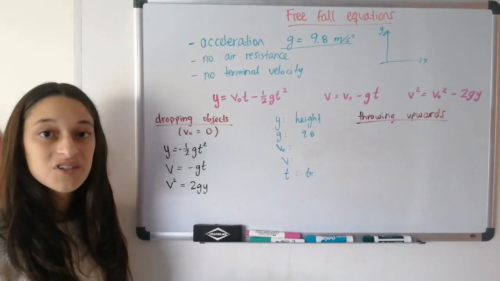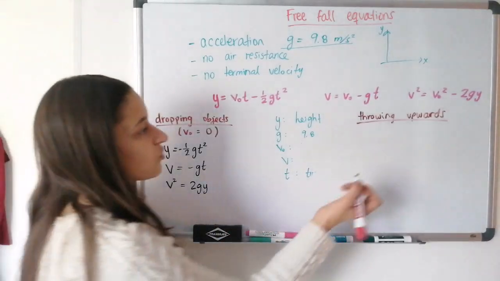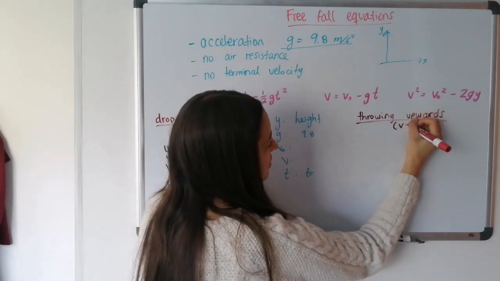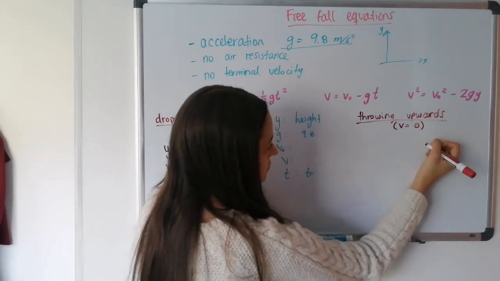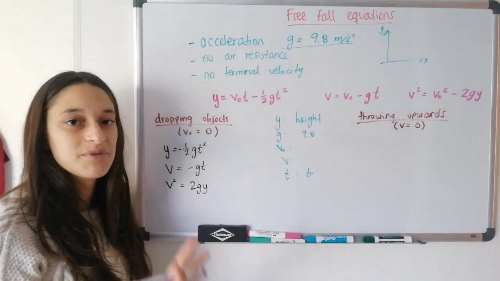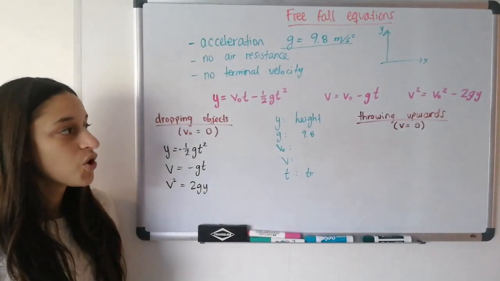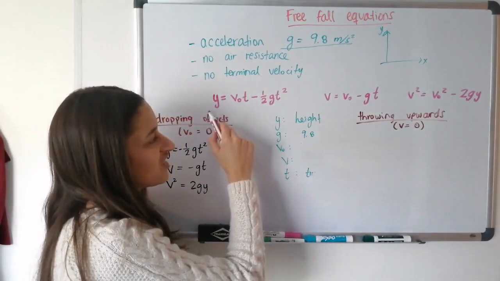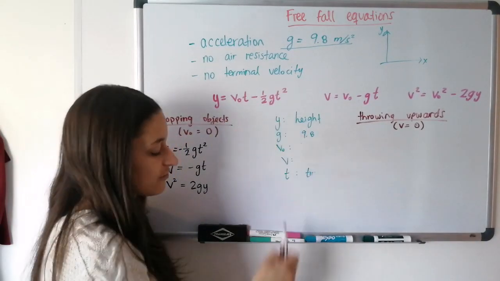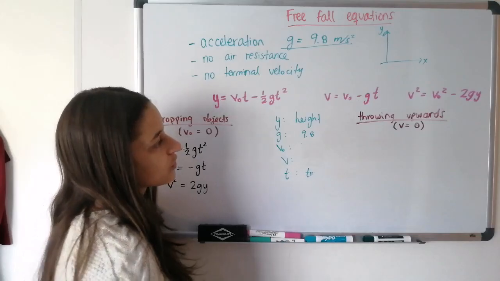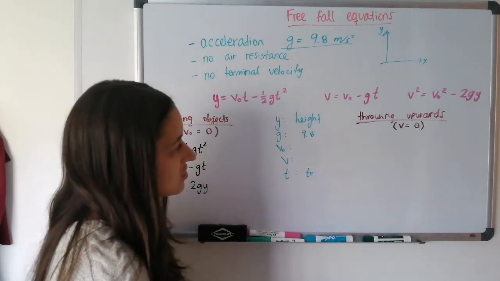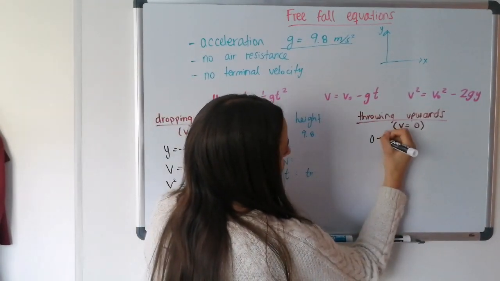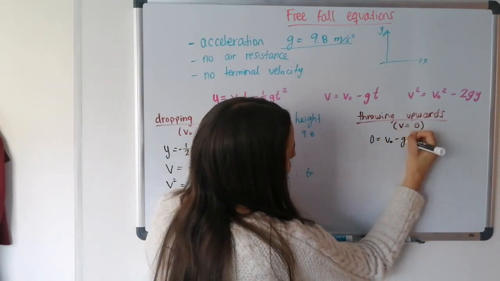So at the top, the speed is 0. So what we do with this option is that we say that the speed is equal to 0, and we're going to have a maximum height at that moment. So I'm not going to use this equation because nothing cancels out because there's no v in this equation. There's only a v0. So we're only going to focus on these two equations. Let's see, so if v is 0, we're going to have 0 equals v0 minus gt.